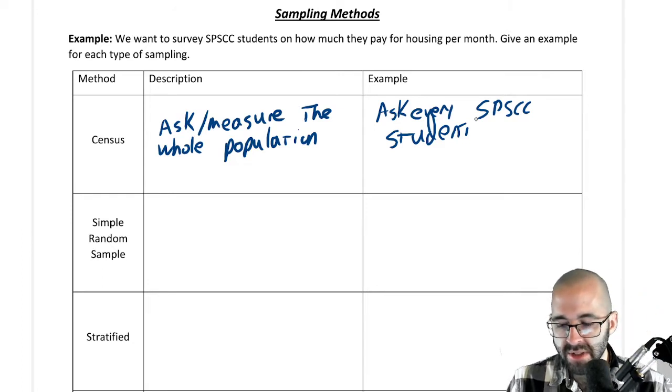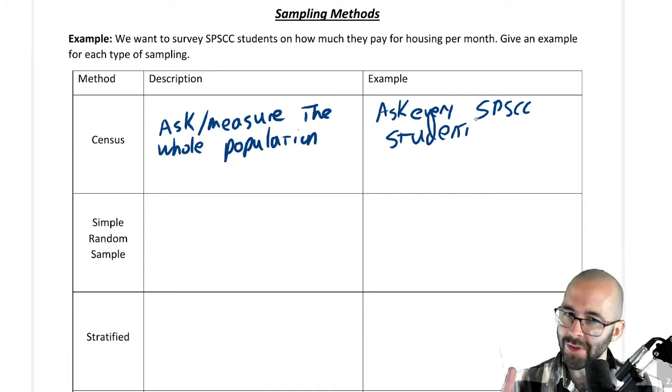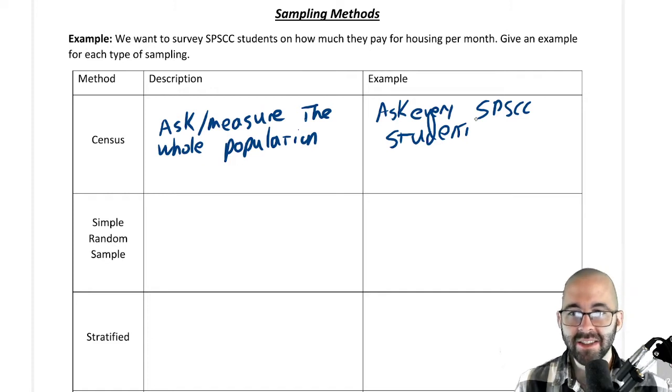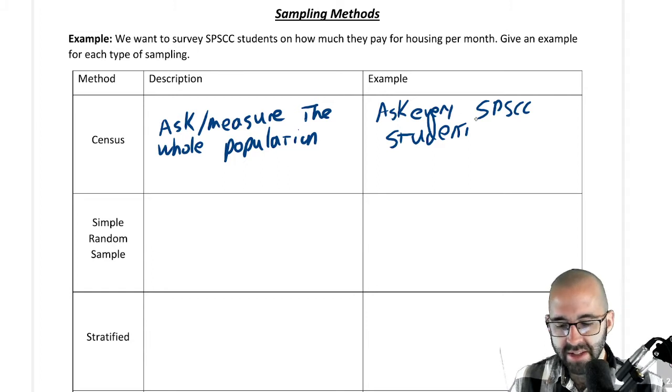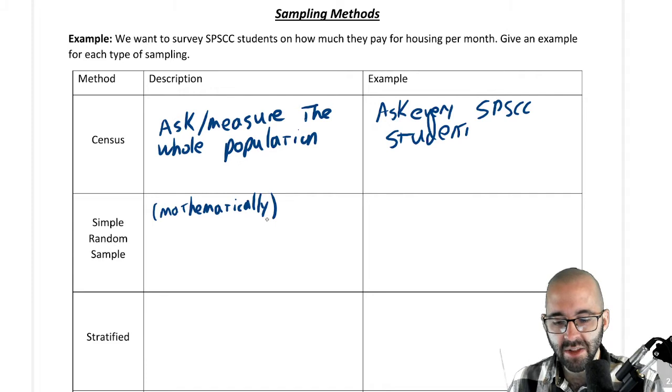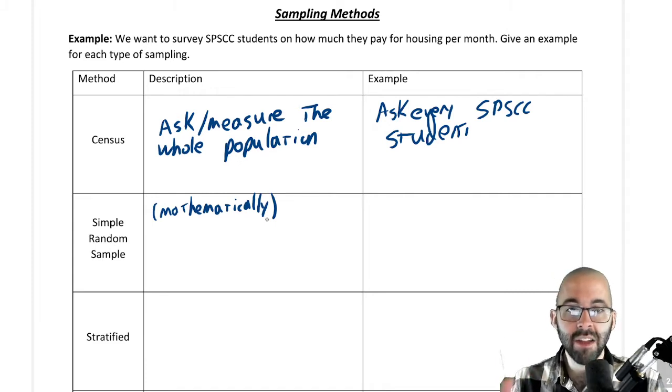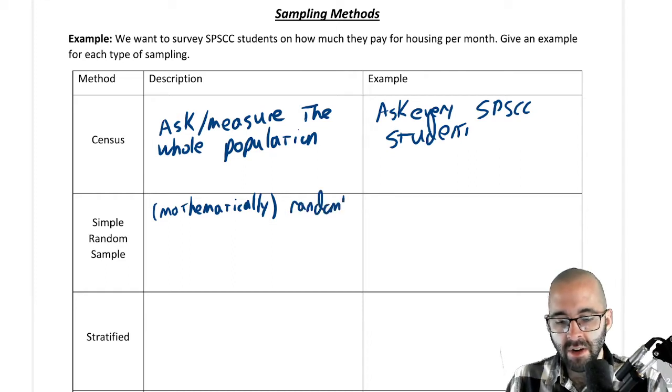Okay. So simple random sample is the next one. And this is kind of what it sounds like, although sometimes it's not as simple as we might want it to be. But this is basically get a mathematically random sample. That's an important part, because humans usually say the word random all the time, but this means really mathematically random, very randomly select.